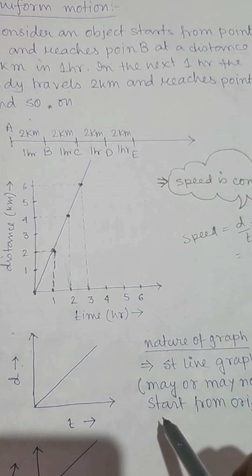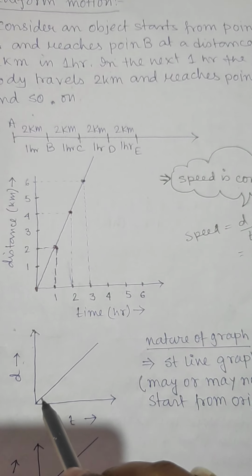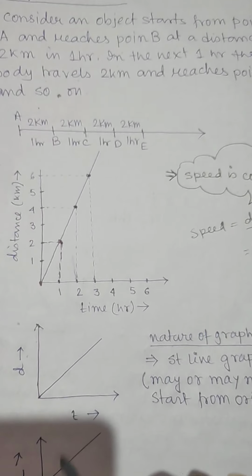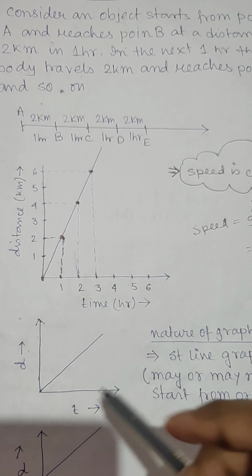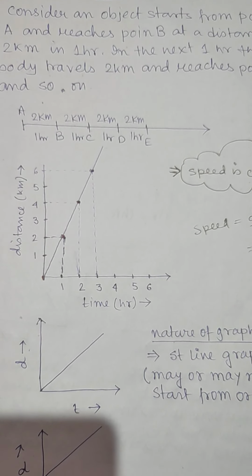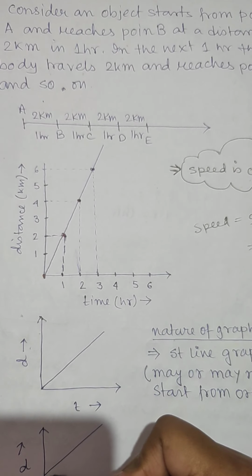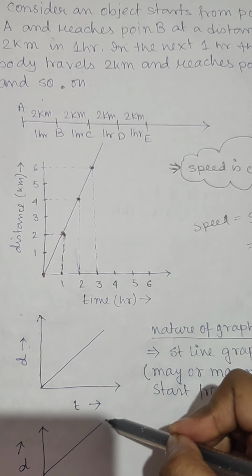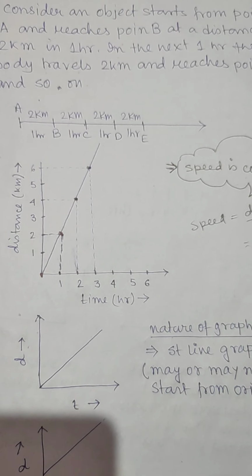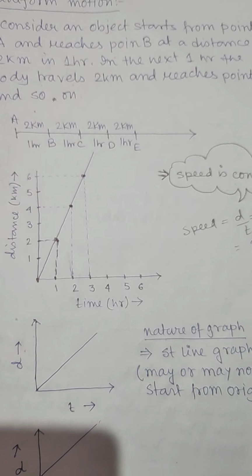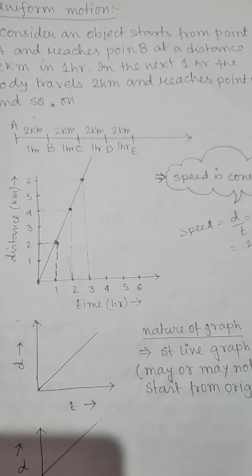It may or may not start from the origin. This is your origin point. If the graph doesn't start from the origin, then it will be like this: it will start at a certain distance from the origin and again there will be a straight line. So the graph of uniform motion is always a straight line.